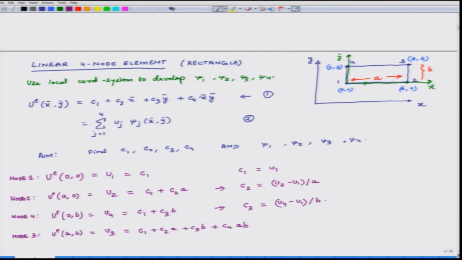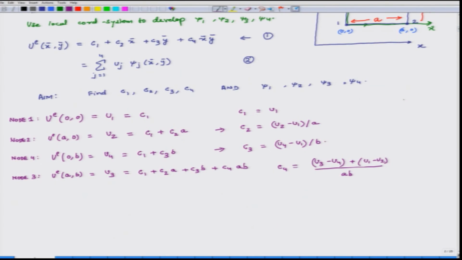So, from this I can calculate the value of C4. If I do the math, what I find out is C4 equals U3 minus U4 plus U1 minus U2 divided by AB. Okay. So, let us bracket these relations and call them 3.